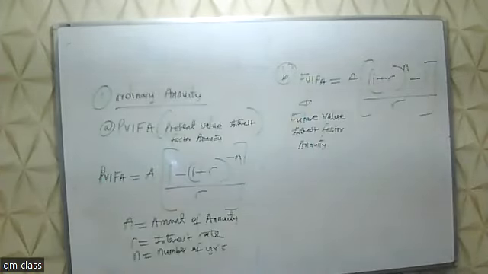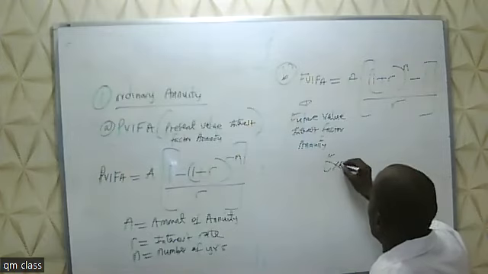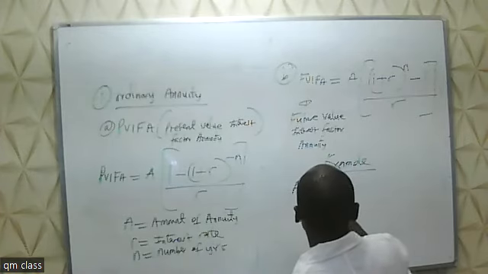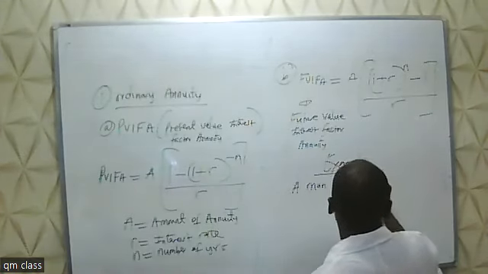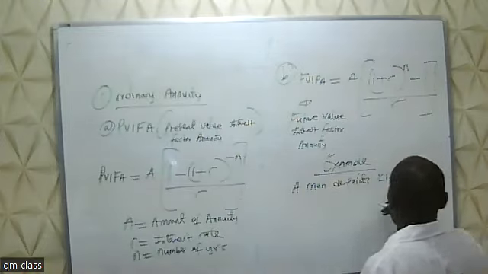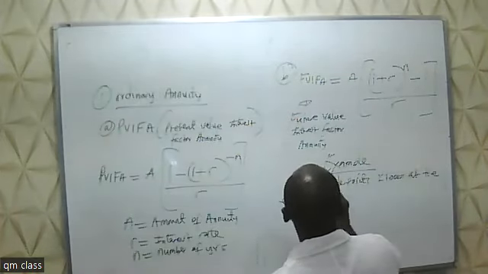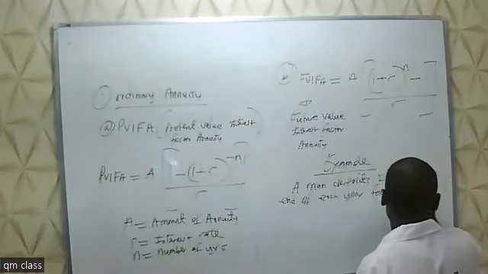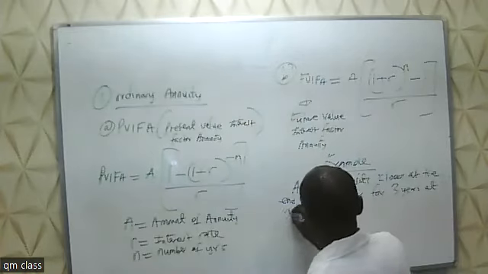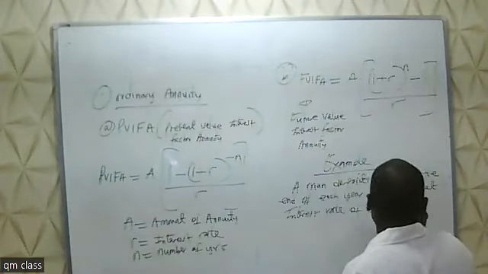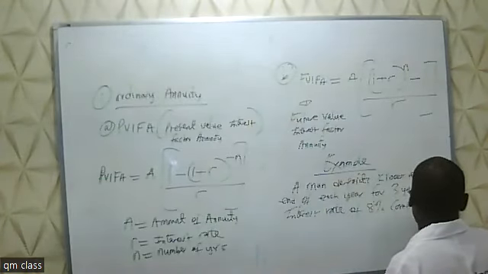Okay, so let us look at an example here for this one. A man deposits 3,000 kwacha. Okay, let me just correct that, so 1,000 kwacha at the end of each year for 3 years at an interest rate of 8% compounded annually.